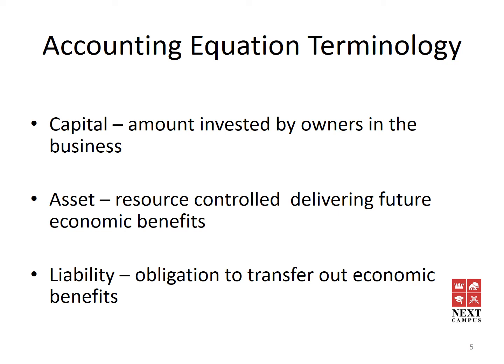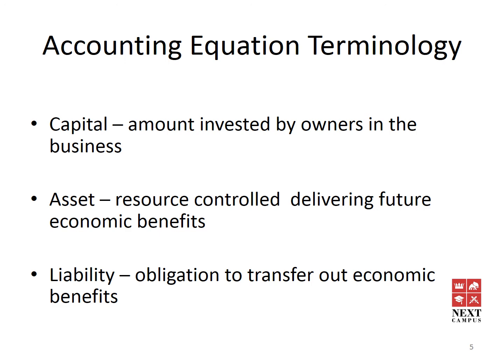Now, capital can be invested in terms of cash. Likewise, in our previous example, an owner can invest cash, where on the asset side the cash will go up, and on the right hand side the capital will also go up. Or an owner can invest a building or stocks or any other furniture or motor vehicle into the business.